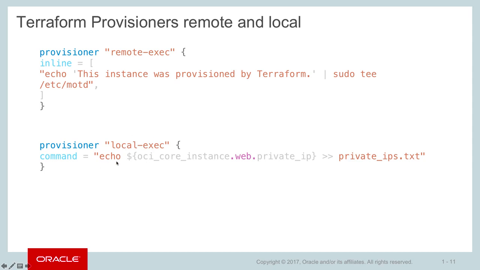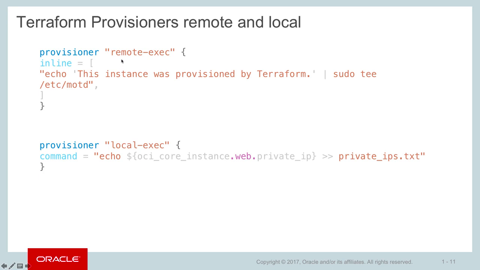So this is another example here. Let's say I'm creating a compute instance, and after the creation of that, I want to save the private IP of that in a specific file on my local machine where I'm executing the Terraform. Then I have that information saved locally.